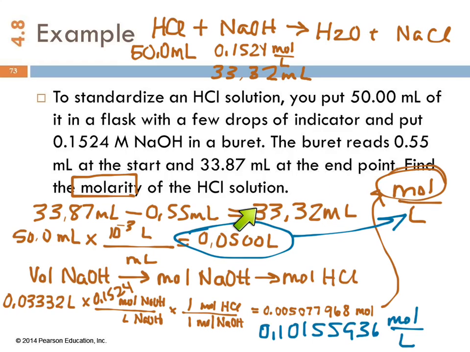So that volume had 4. That's this volume down here, still 4. That's got 4. But this guy has 3. He's limiting it. So we're going to use 3 sig figs in our final answer, 0.102 molar. That is the concentration of the HCl.